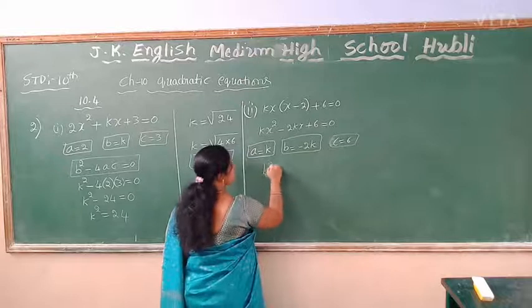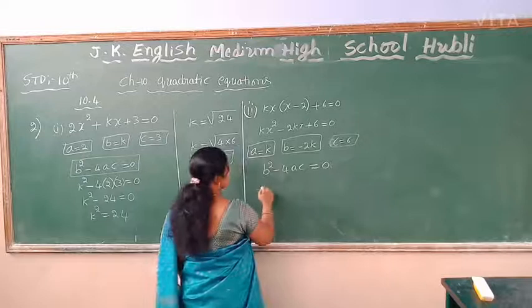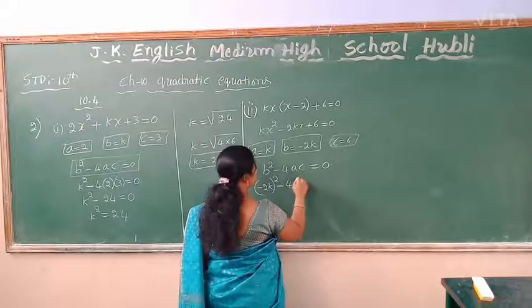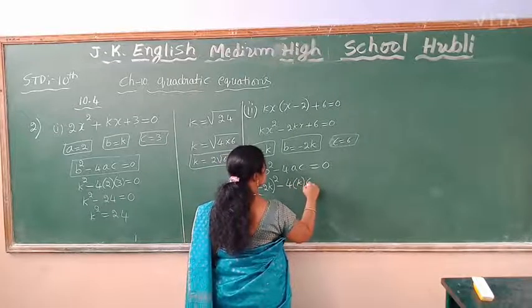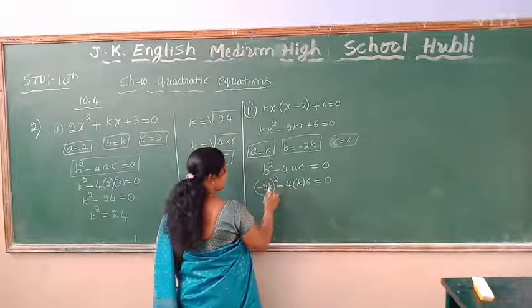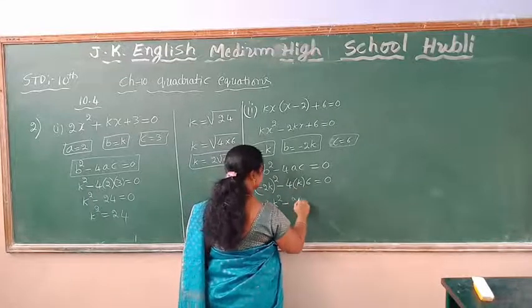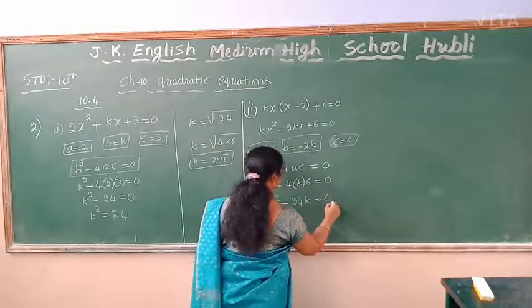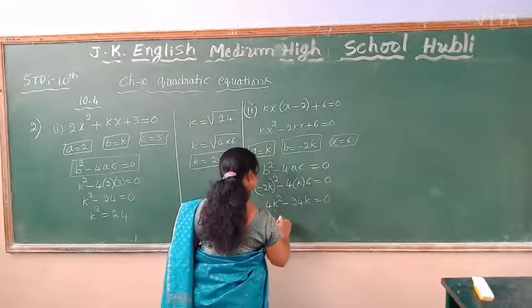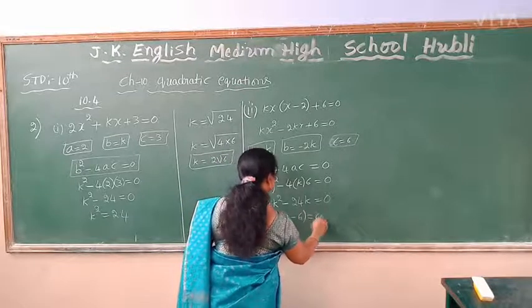Condition b square minus 4ac should be equal to 0. b square is minus 2k whole square minus 4, a value is k, c value is 6. Now simplify, minus 2 into minus 2 is 4k square, 6 4s are 24k, this is equal to 0. 4k is common, you can take out as a common factor, k minus 6 is equal to 0.